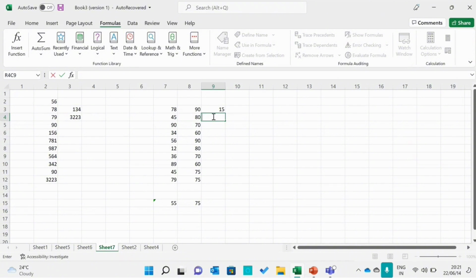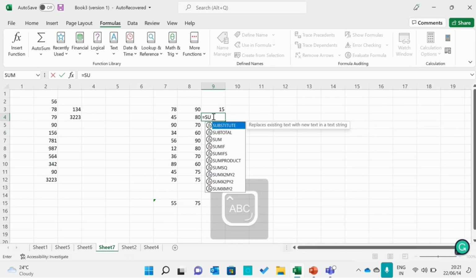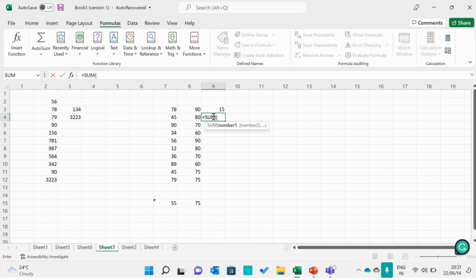For example, I can do equals to, can put sum, I can do, let's say, select this value and select to this value, right? Comma, and let's say use this and do a minus and do this, right?